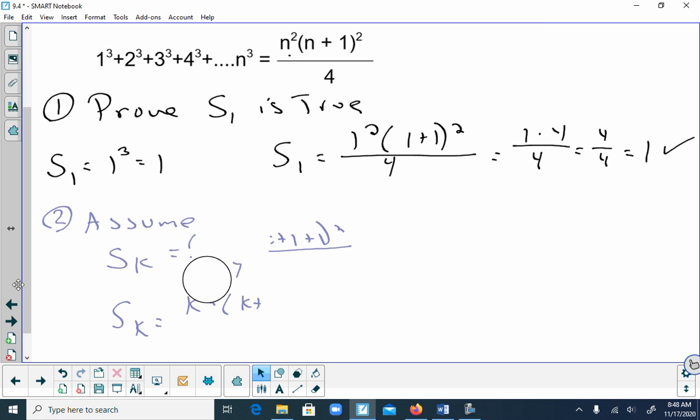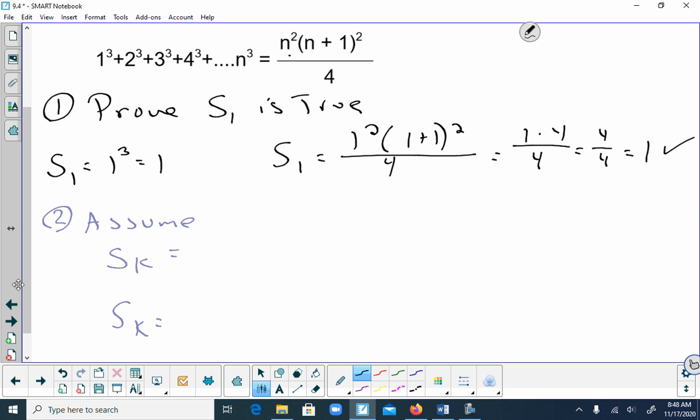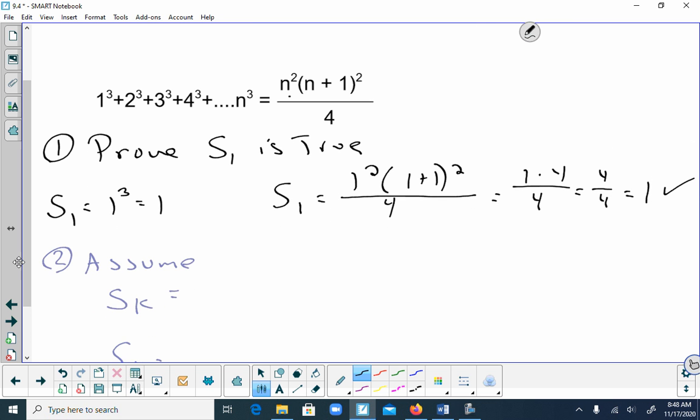Hold the presses. I messed up. Let me go back. My bad. Don't you hate that? And I can't edit. So this is k squared, and then this is (k plus 1) squared, no plus 1 because I'm just putting in k, over 4. So I'm going to assume that that is true. Okay, now I'm back.